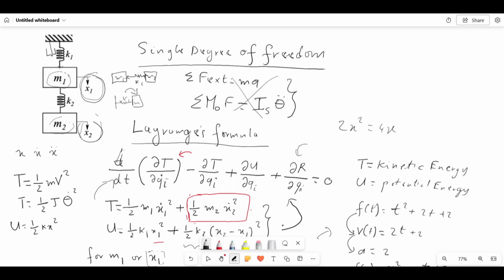So a damper like this. Therefore, you can include the Rayleigh dissipation. We write it as R or D, it doesn't matter. It is written like this: half c x dot squared. This is when you have Rayleigh dissipation. I will make sure I do an example with Rayleigh as well.